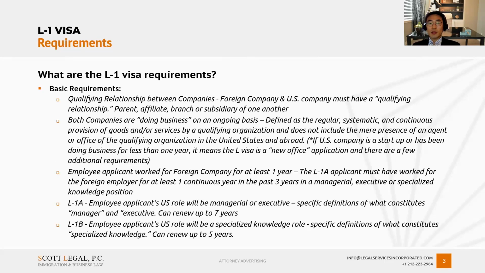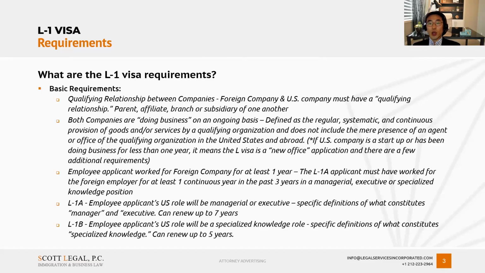So let's talk about some basic requirements for the L1 visa. The major requirement is that there should be a qualifying relationship between the foreign company and the U.S. company. Only 4 types of relationships qualify according to regulation: parent, affiliate, branch, or subsidiary.